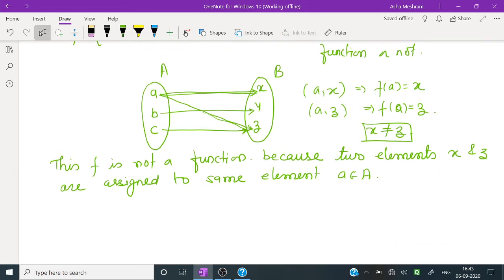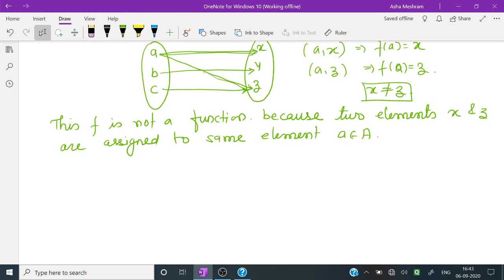Now let's take one more example. Example number 2.